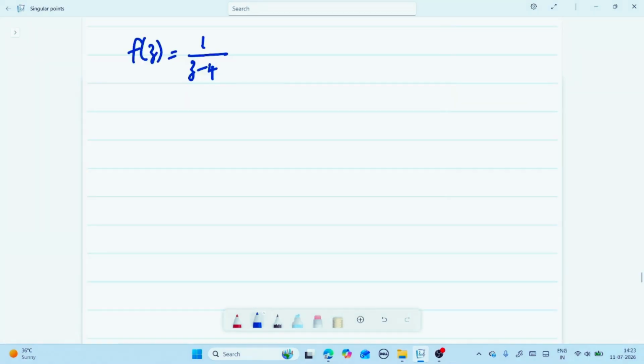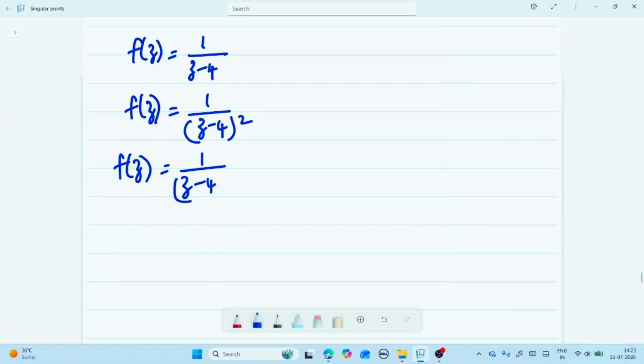So, let f of z be equal to 1 by (z minus 4) the whole square, and f of z equal to 1 by (z minus 4) the whole cube. So, here we can see that the isolated singular point is z equal to 4. You know how to find it.